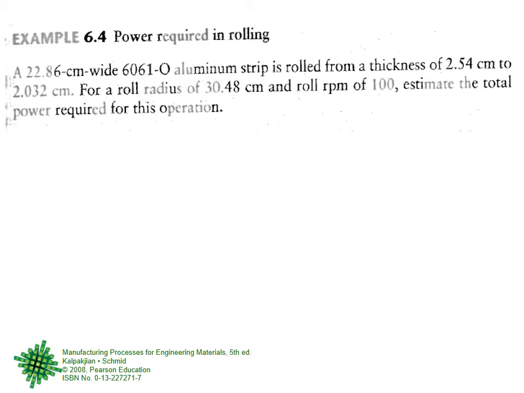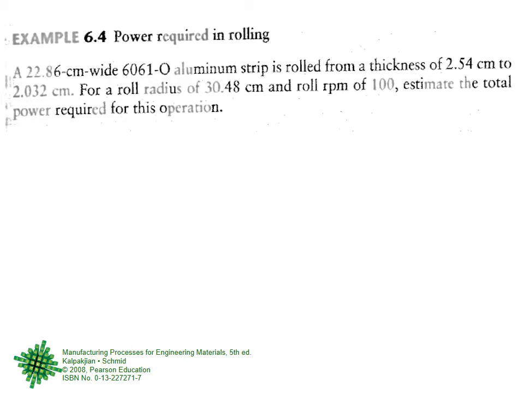Remember, sigma is equal to K epsilon to the power n. We had an earlier page where we showed you this stress equation in the plastic region, and from there we had given you the equation for Y bar, also the average. This sigma or Y, K epsilon to the power n, is the normal flow stress, but for Y bar, the average one, the equation is also given. So you can find the Y bar.